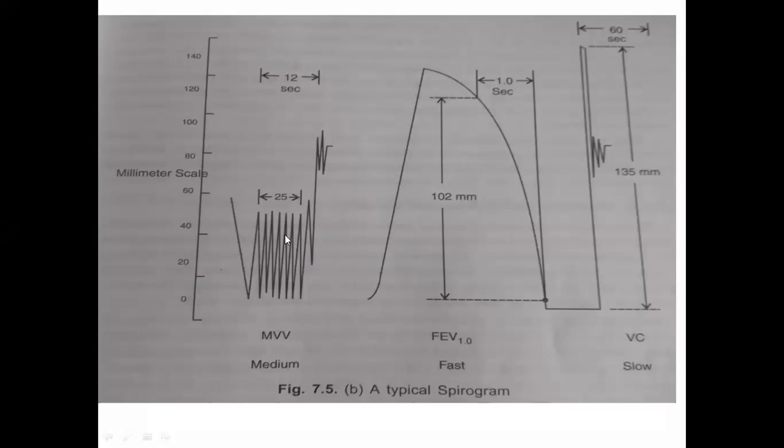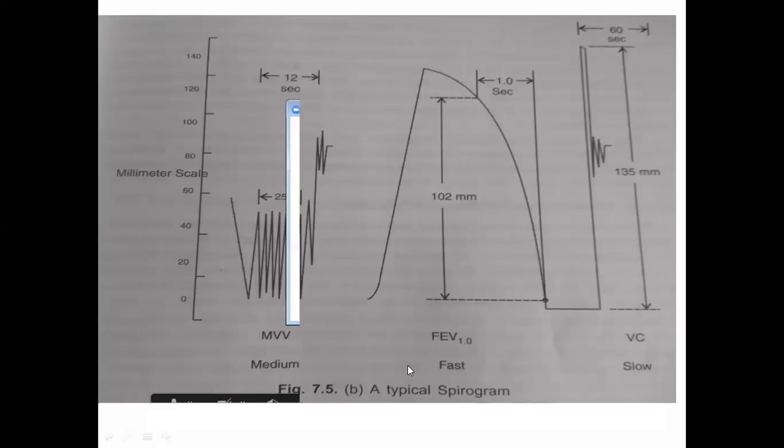We will get this type of representation, which shows the maximum voluntary ventilation. In this case, instruct the patient to breathe in and out as rapidly as possible.